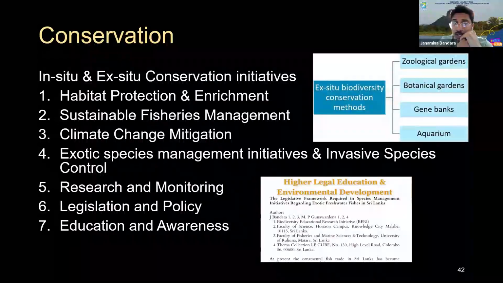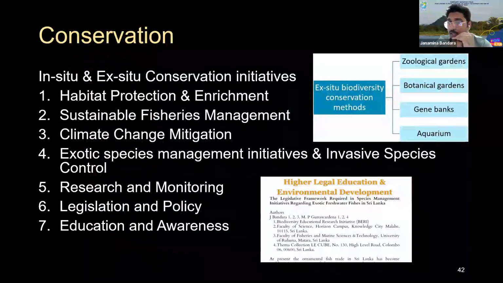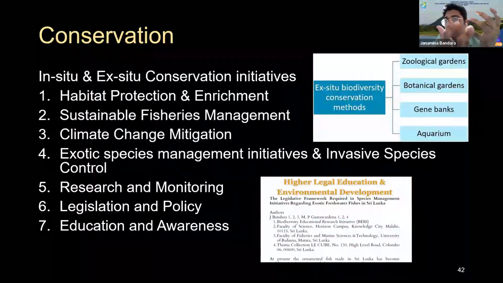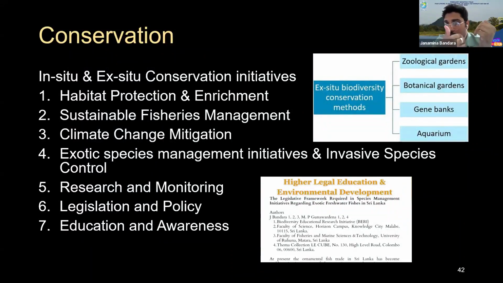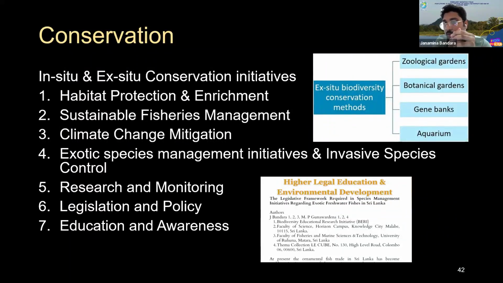This is really important. Invasive species are really hard to control after they have spread widely. But if you work before that to stop them getting into the environment, that is the crucial step we have to take.